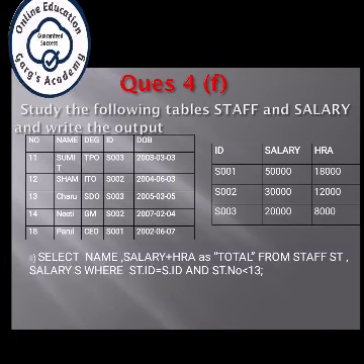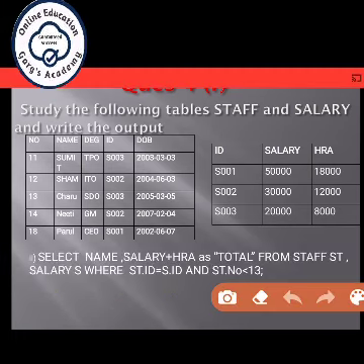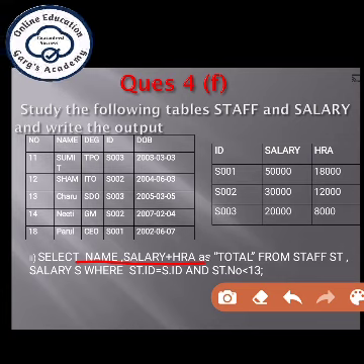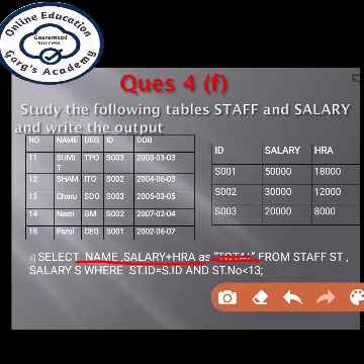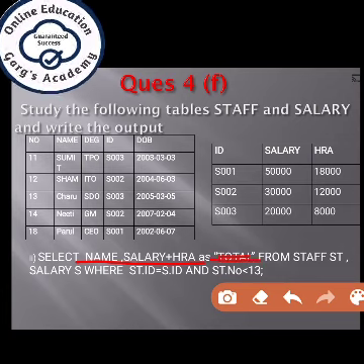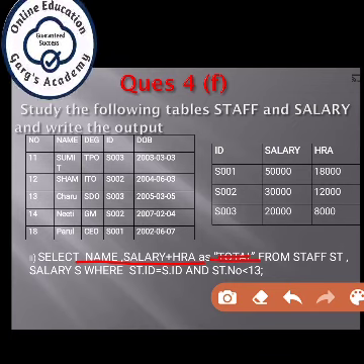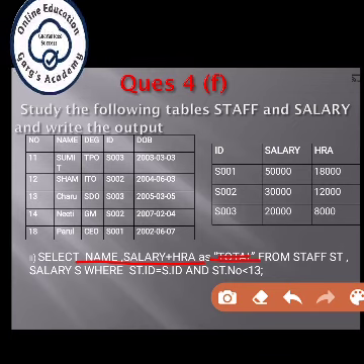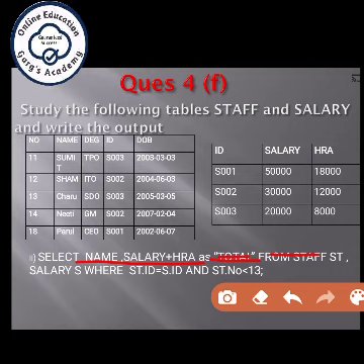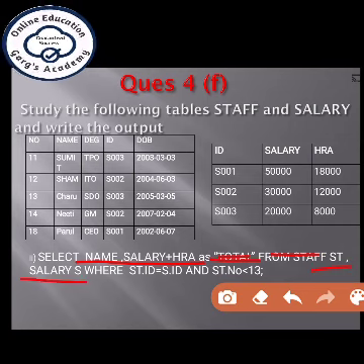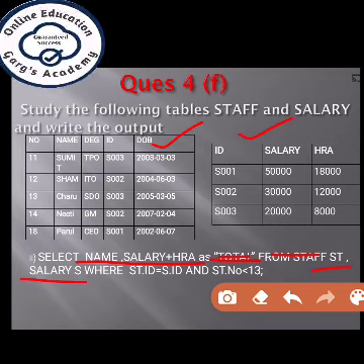Next question. SELECT name, salary plus HRA AS total. Means you have to write the output, but the name of the column will be total, by adding salary and HRA. From which table? Staff ST, salary S. Means you have to consider both these tables.